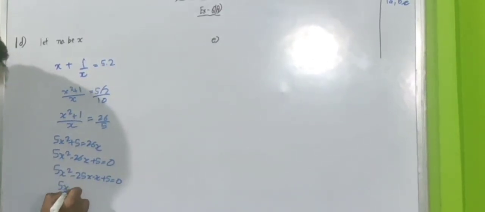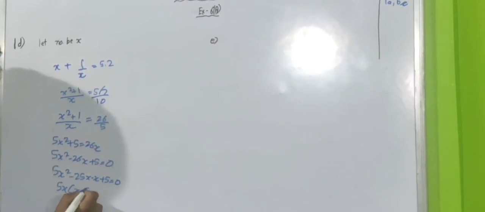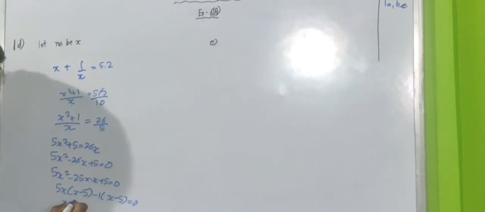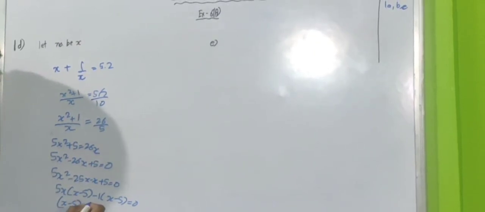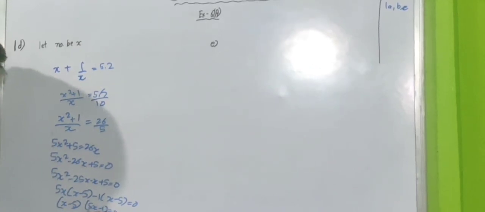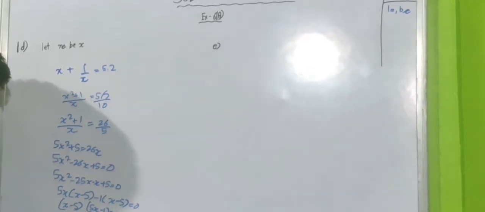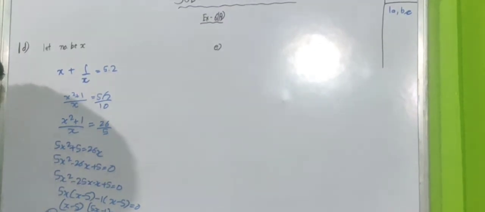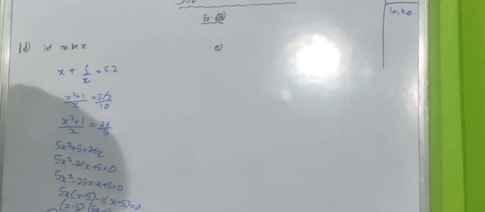We have 5x (x minus 5) minus 1 (x minus 5) is equals to 0. So the two roots we get from x minus 5 equals 0 and 5x minus 1 equals 0 are positive 5 and positive 1 by 5. You can go with option number 1 for your answer, either 5 or 1 by 5.